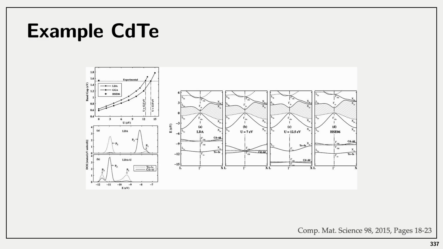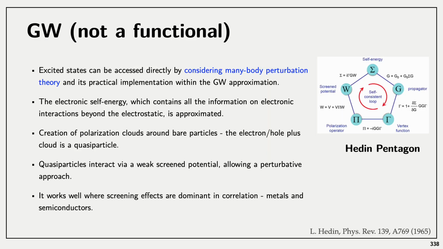There are different methods to do it, like the Bethe-Salpeter approach or GW. I'm just going to mention GW. The GW method was introduced about 60 years ago by Hedin. And the idea there is to really look at the fundamental phenomena of the excitation of the electron and its interaction with the hole.